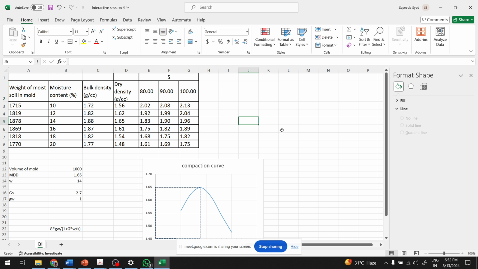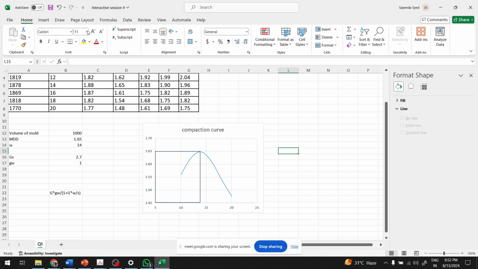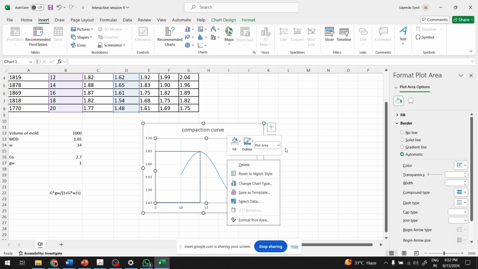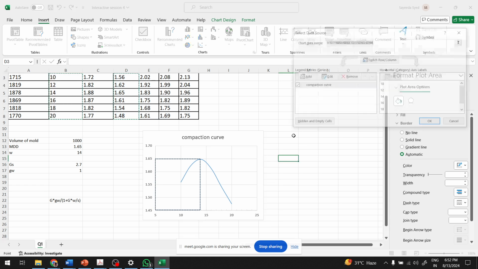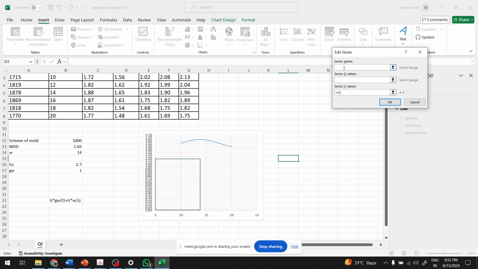Okay, let's try to plot these on this graph. Let's say S equals 80.